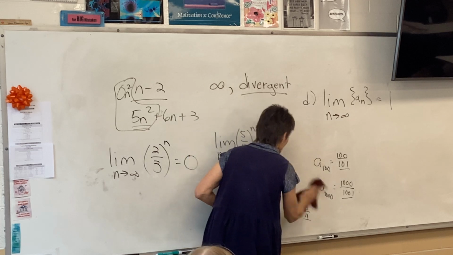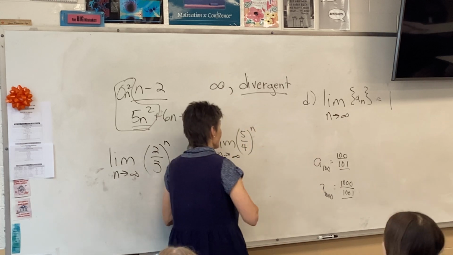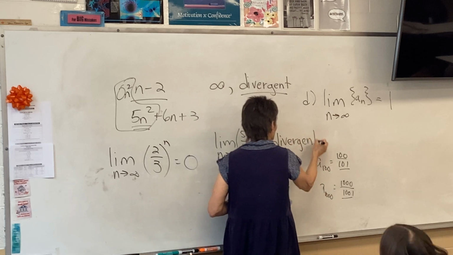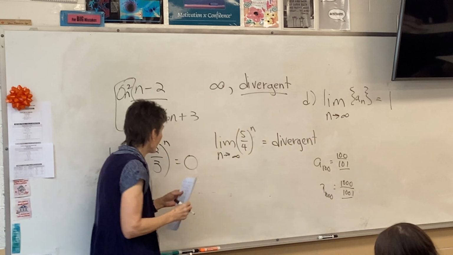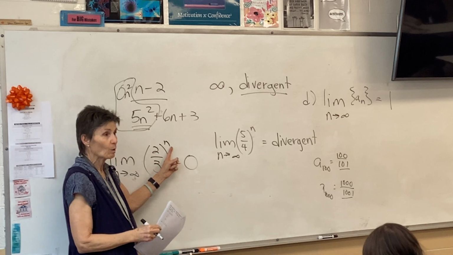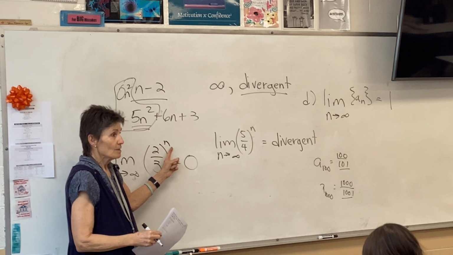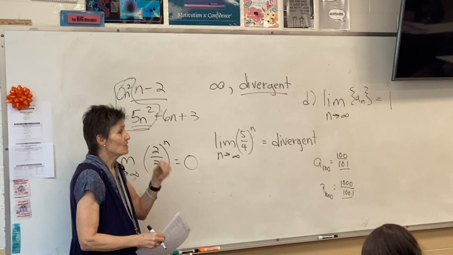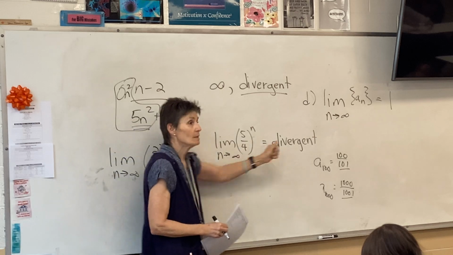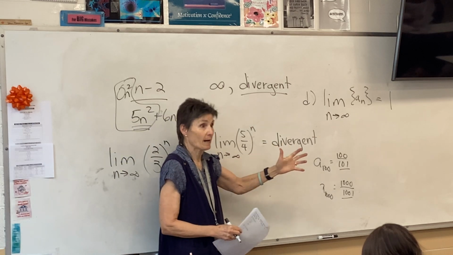Oh, okay. This one has no limit, it is divergent. For these problems that are a number raised to a power, your answer will always be 0 or no limit, every time.